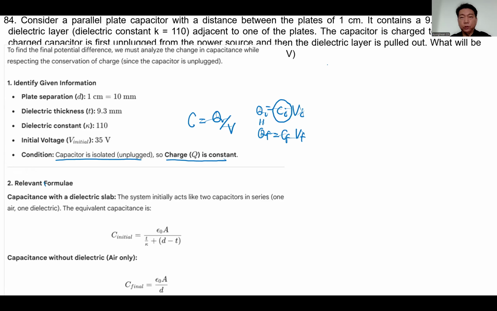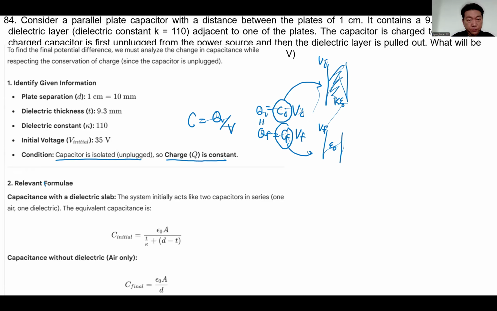So initially it is filled with the dielectric, and now it is filled with air. Okay, so initially it is a Vi, and then we should have a Vf. This is the Ci, and this is the Cf. Okay.